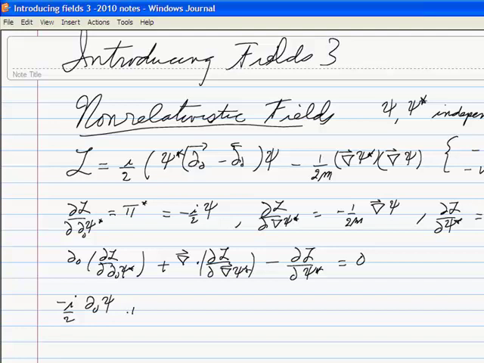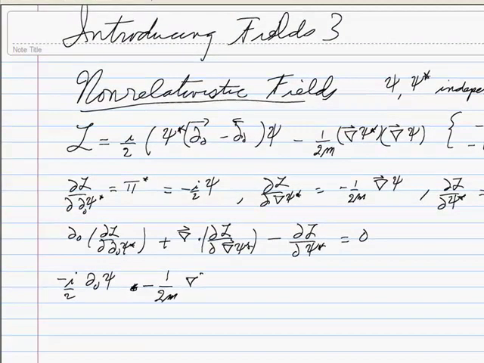And the second one is minus 1 over 2m del squared psi. And the last one is minus i over 2 d0 psi again.